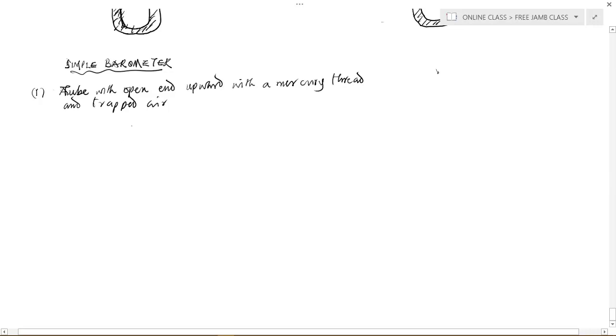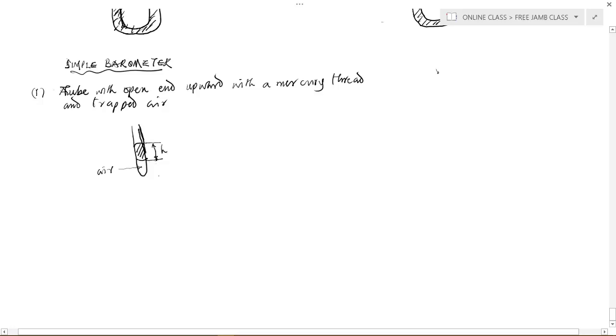In this case, we have our tube like this. Please don't mind my diagram. The thread is air, and air is trapped there. So this is the length of the mercury, H to say.